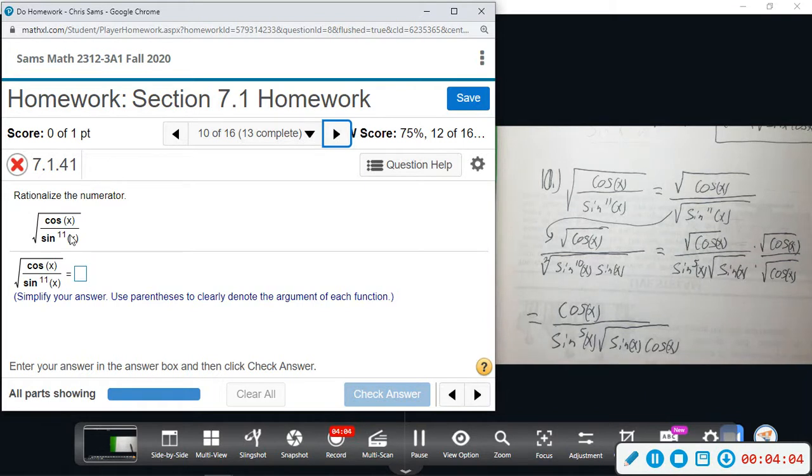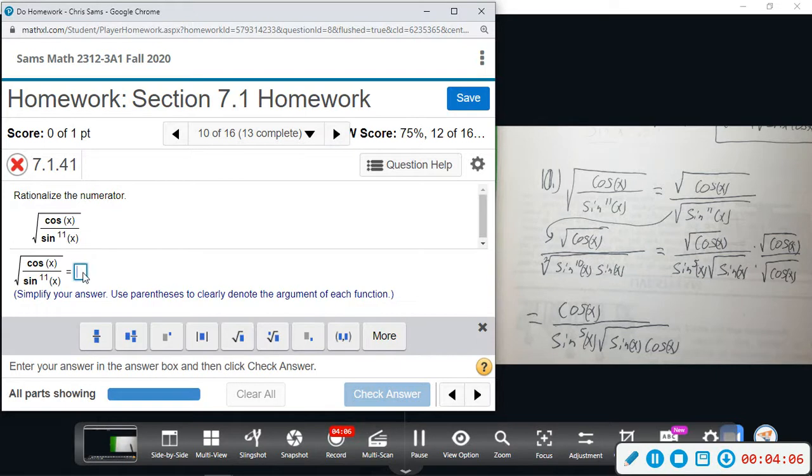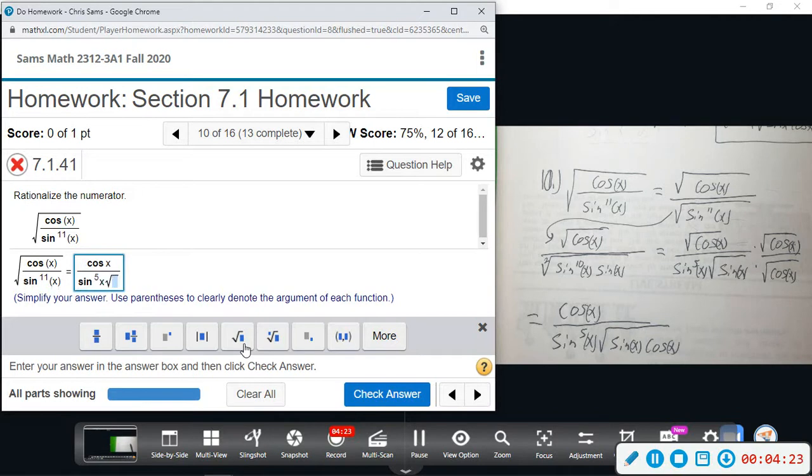So I think I can do it once just to show you what I mean. Division bar cosine x. I'm not going to put the parentheses this time, just so you can see. Sine raised to the 5th power of x, and then square root sine x cosine x. Now it's going to tell me wrong.